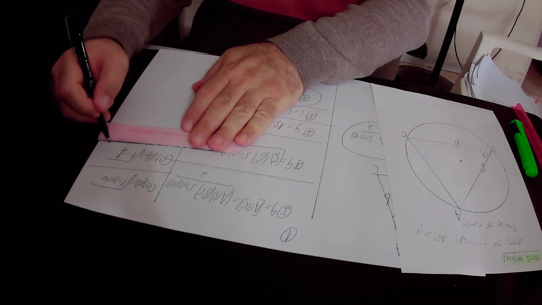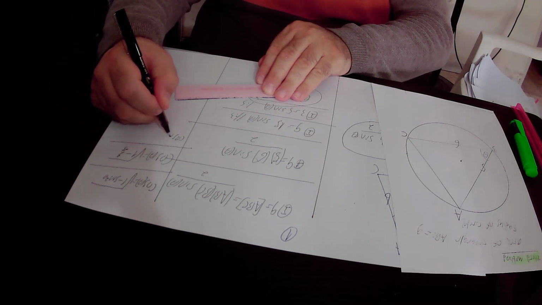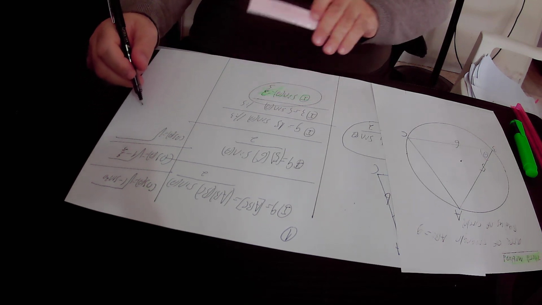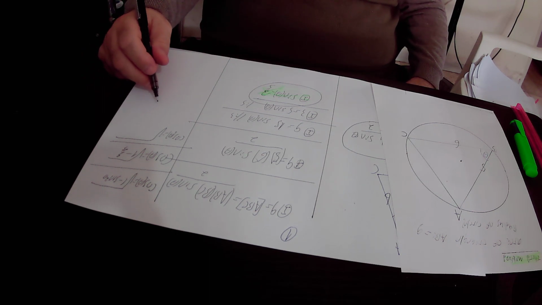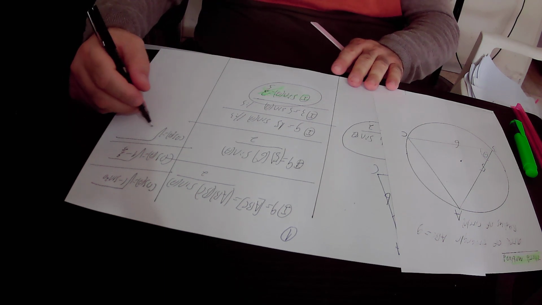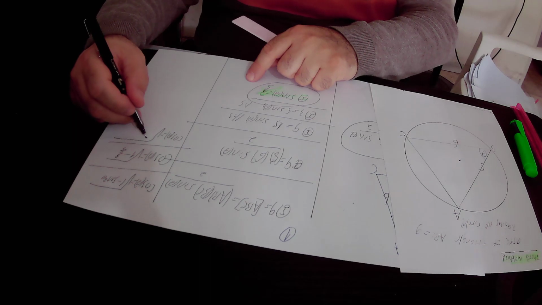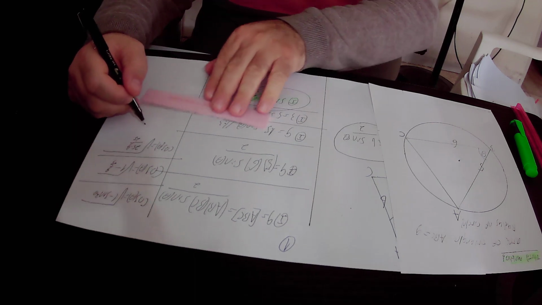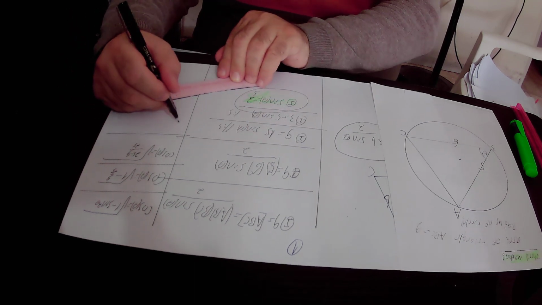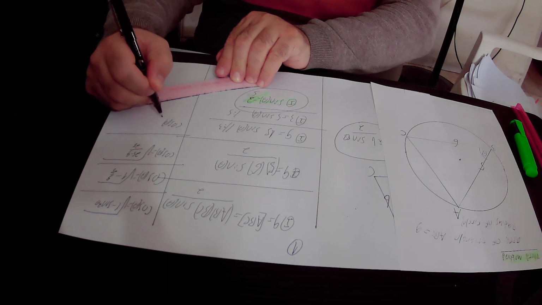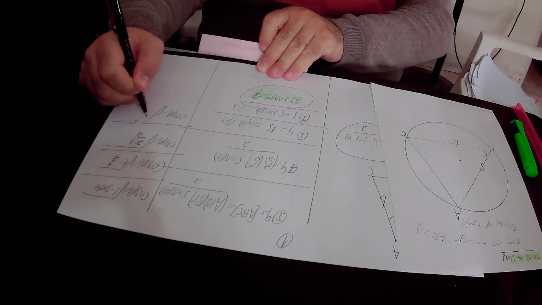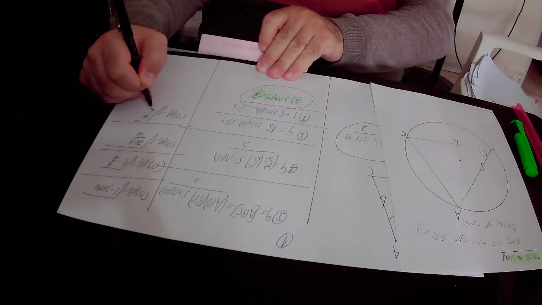So here cosine theta is equal to the square root of 1 minus 9 over 25. Here we multiply 1 by 25, and then we divide it by 25 in order to have a common factor with this expression, and we get that cosine theta equals the square root of 25 minus 9 over 25. So cosine theta equals the square root of 25 minus 9, which is 16, over 25.